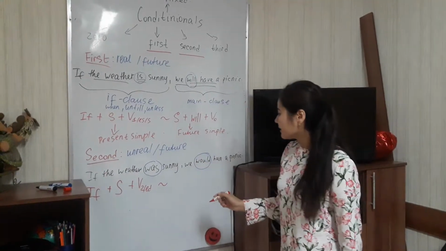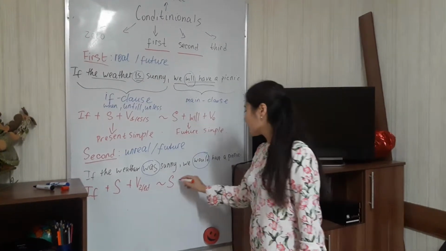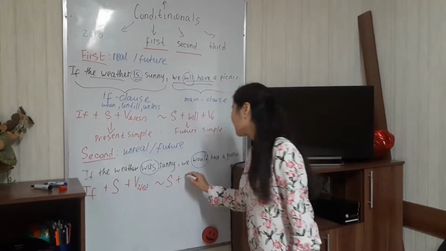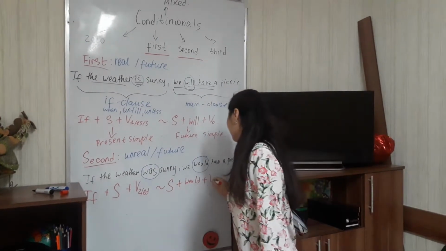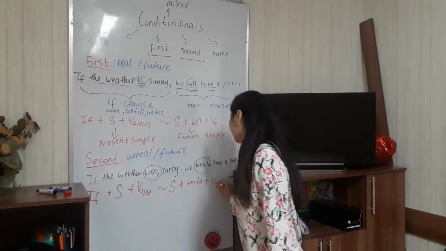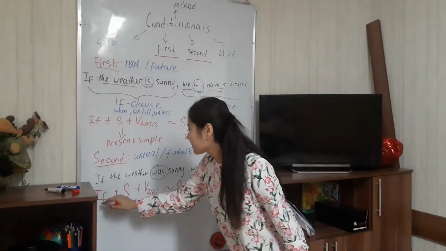The second part, in the main clause, also there is subject plus auxiliary verb would, and after that verb 0, because have is the verb 0.